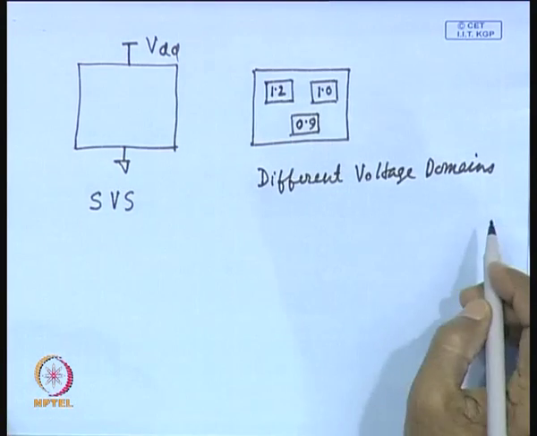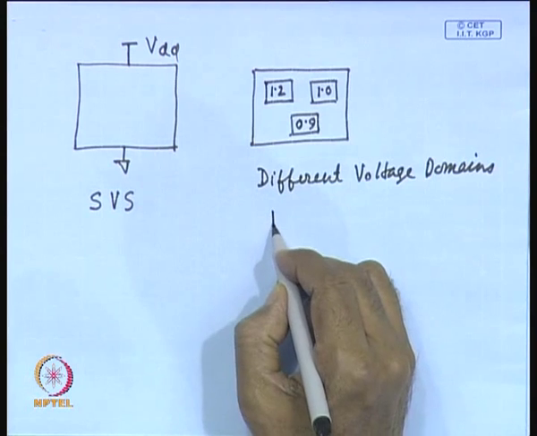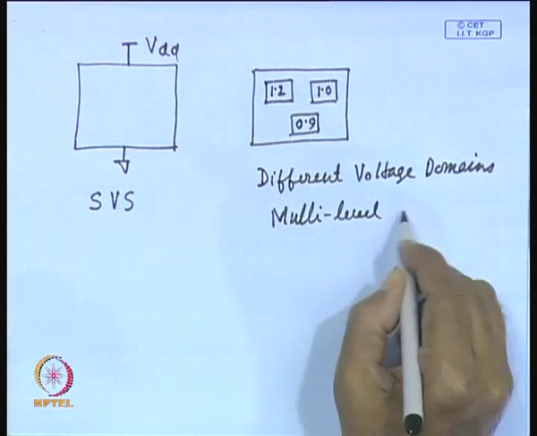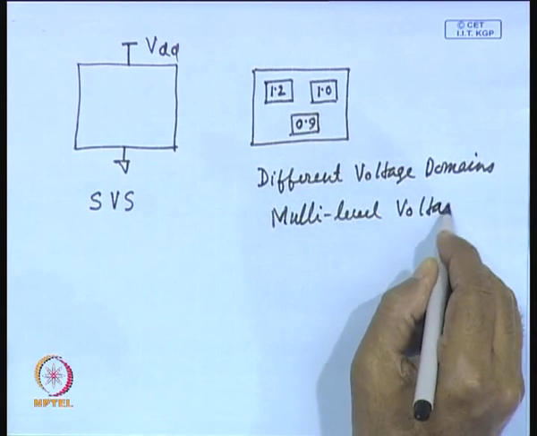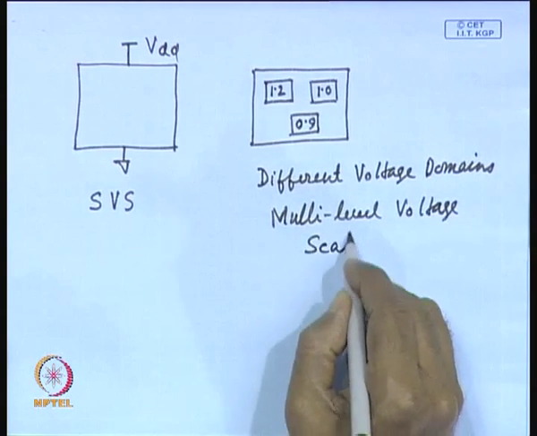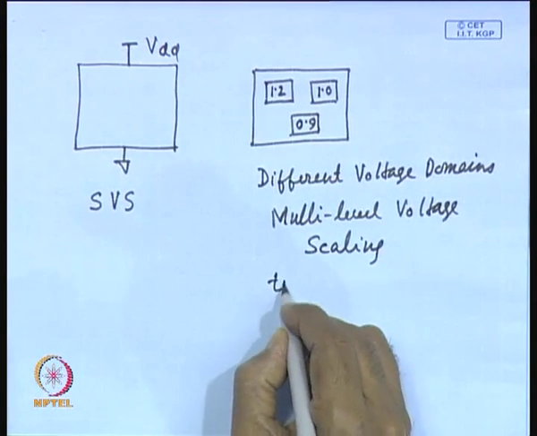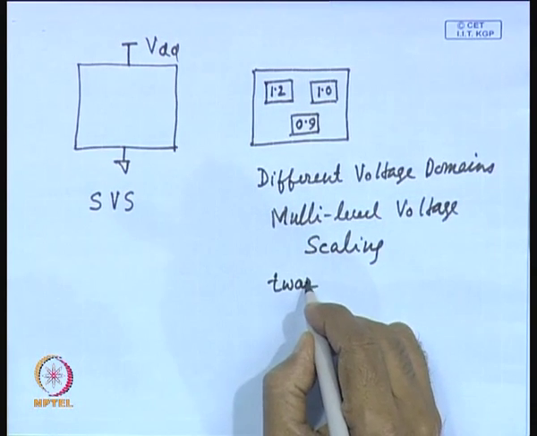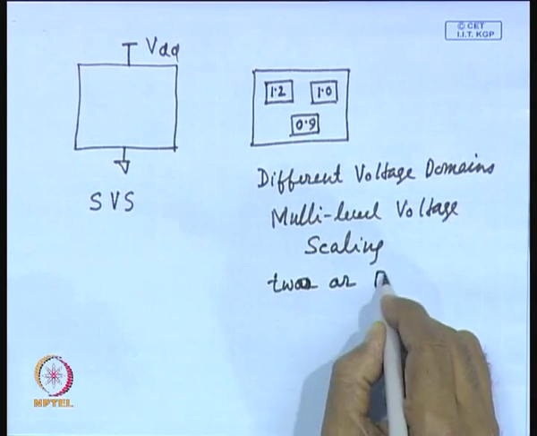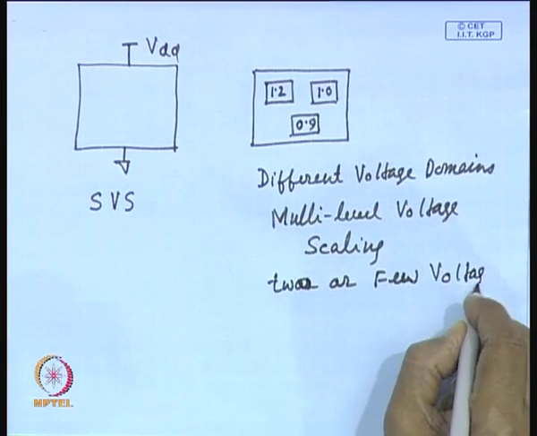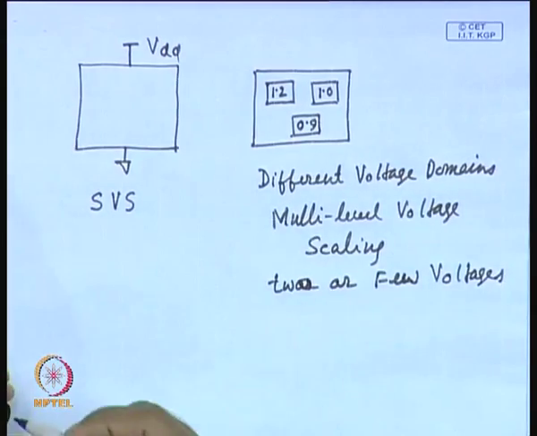How these domains are created we shall see, and this is called multi-level voltage scaling. Here we are using two or a few voltages, not many, maybe 2 or 3 or 4 different voltages.